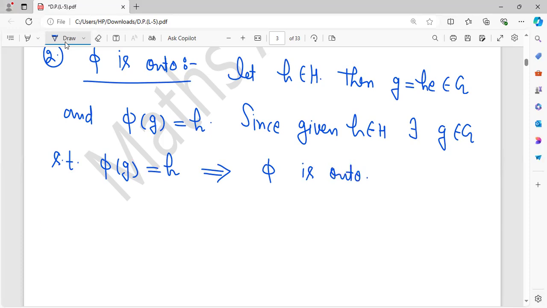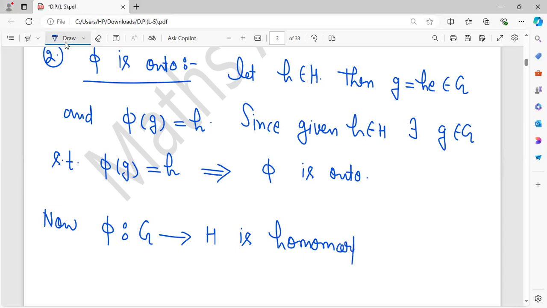Now phi from G to H is a homomorphism onto.